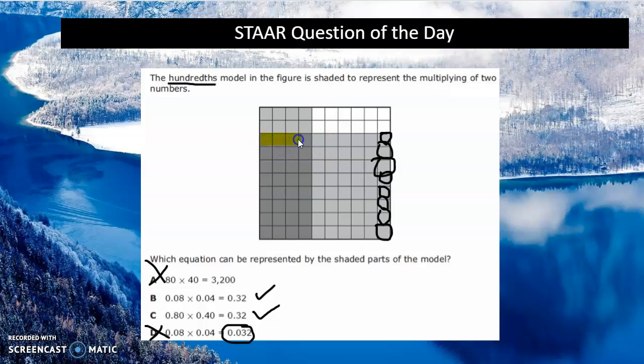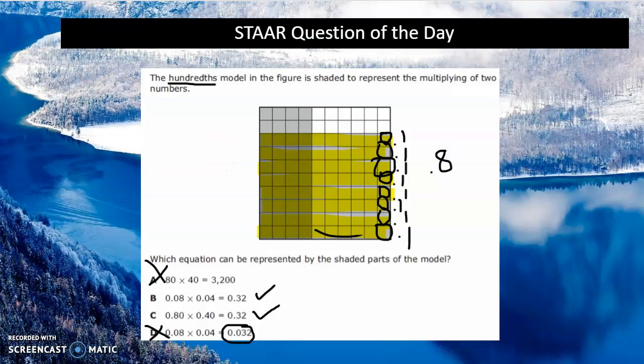No, it's not all that's shaded because look, this entire row is shaded. So does the entire row represent 1/100th? No, the entire row represents 1/10. The entire row is 1/10. This is a 10th, and this is a 10th, right? So if we go through, this entire shaded part together is 8/10.